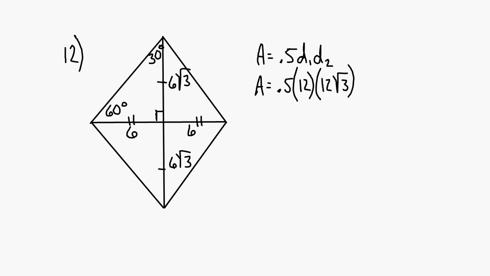All right, so in your calculator, if you take 0.5 times 12 times 12, it equals 72 radical 3. And if you want the decimal version of that, take the square root of 3 times 72, which is approximately 124.71.